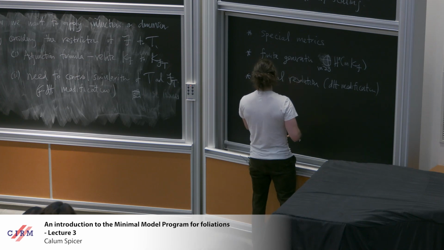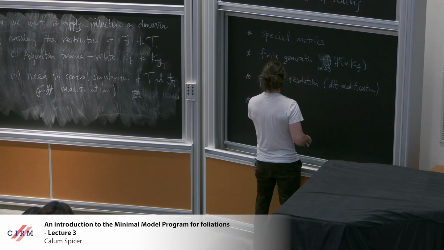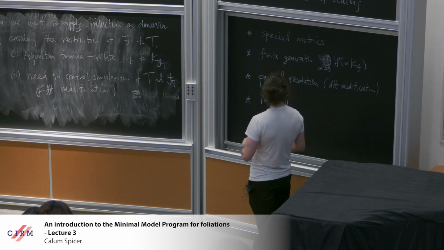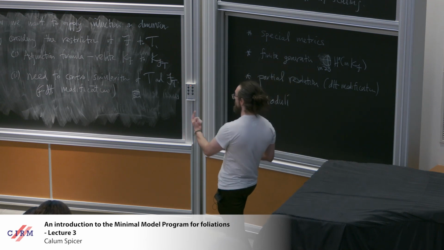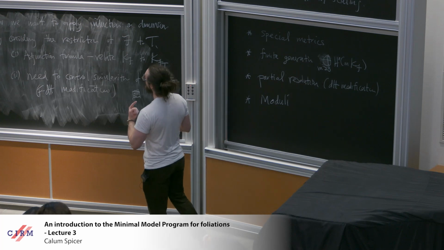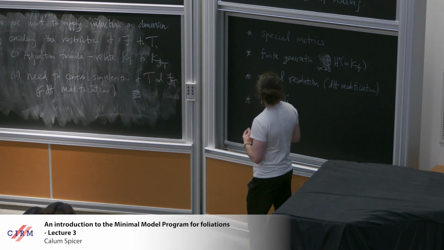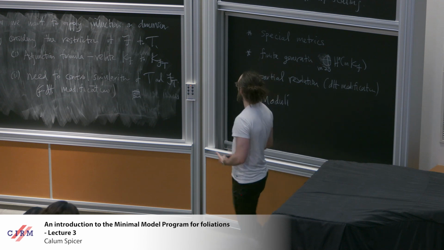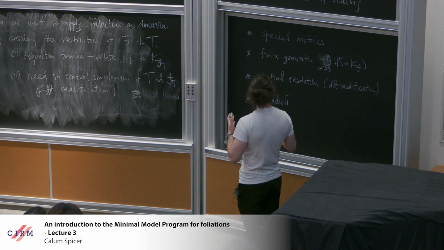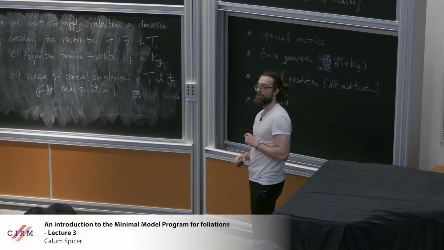And then the last thing, which Roberto alluded to briefly, is moduli. If we want to produce a moduli theory of foliations, a necessary ingredient seems to be the minimal model program. So this is a sampler of the bigger picture of why we went through all this effort. I'll end here, and thank you very much for your attention.